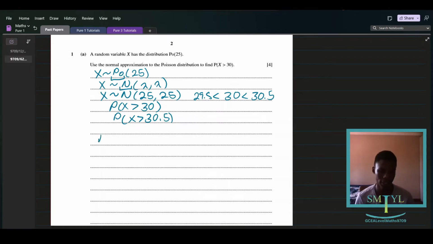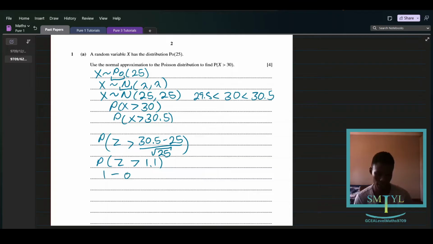Now let's standardize. The probability that z is greater than 30.5 minus 25 over the square root of 25. Let's punch that into a calculator: 30.5 minus 25 over root 25 gives 1.1, and we can write this as 1 minus phi of 1.1.